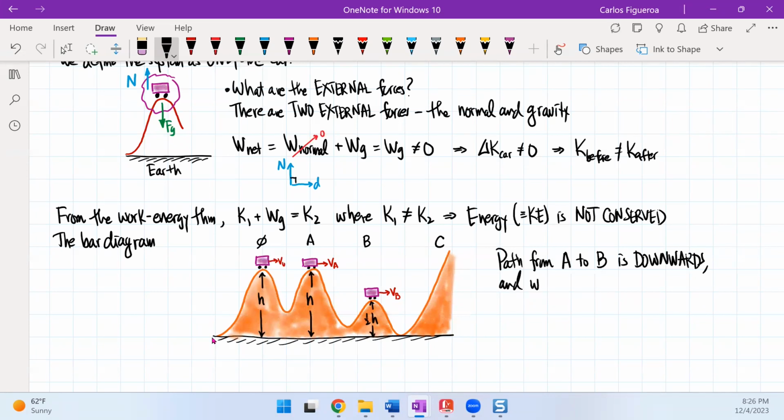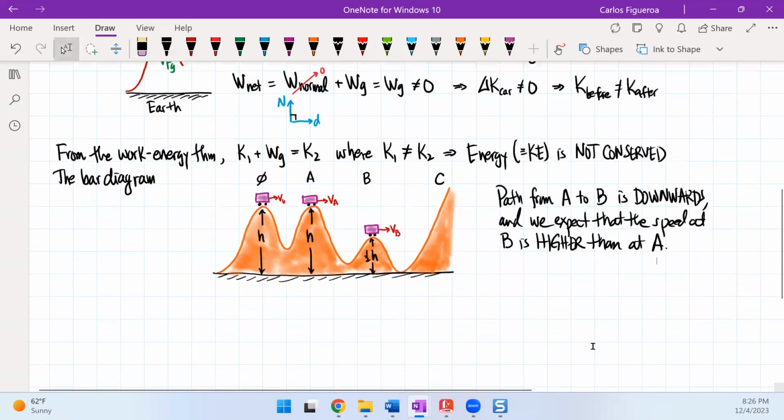And we expect that the speed at B is higher than at A. And the question is, why?